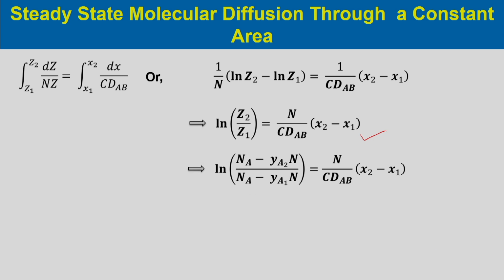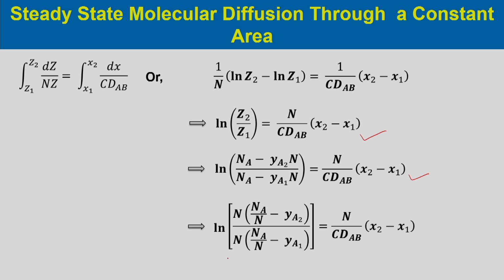Now, if we substitute Z at Z1 and Z2, then it would be ln of (NA minus yA2 N) divided by (NA minus yA1 N) would be equal to N by C DAB into (x2 minus x1).